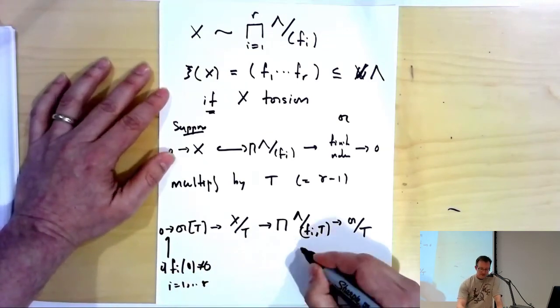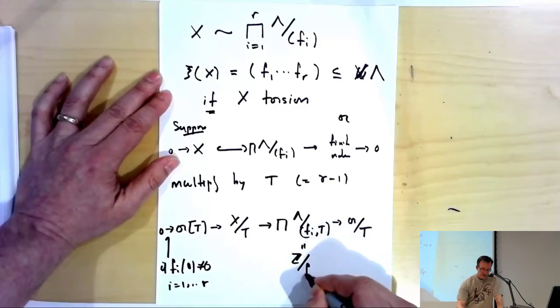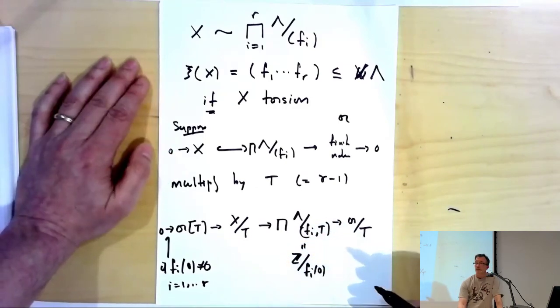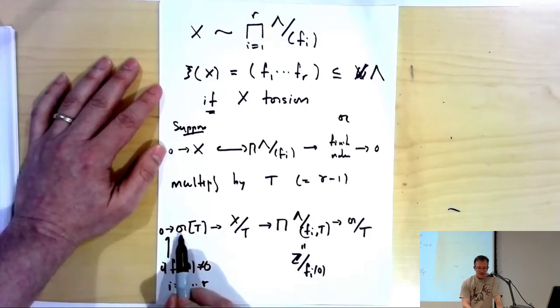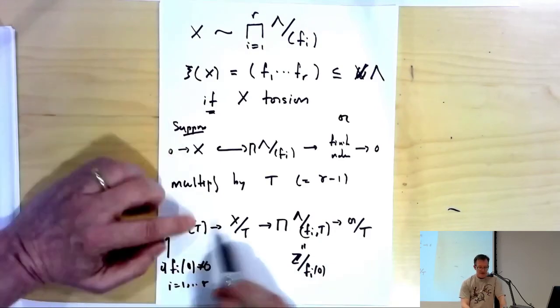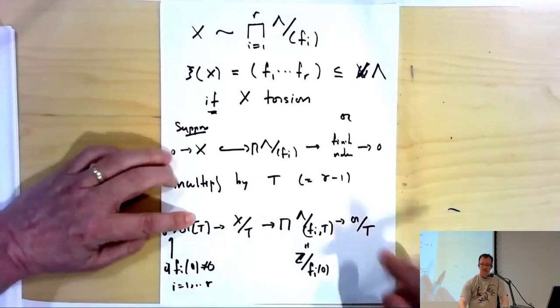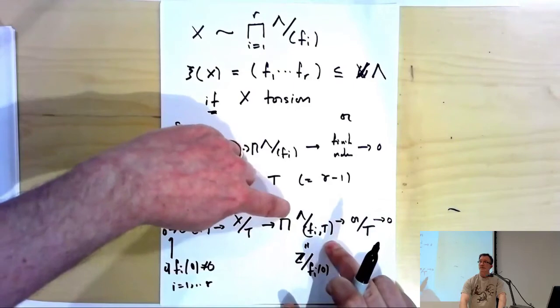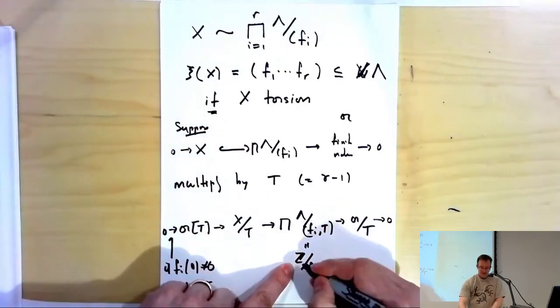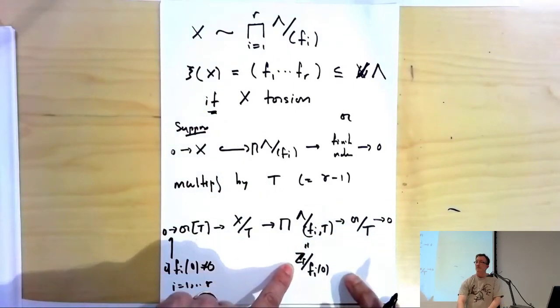And then this is just isomorphic to Z_p mod F_i(0). And since A was itself finite, these two orders are the same. And so the order of X mod T has to be the order of the product of these, that's a Z_p, the product of these.